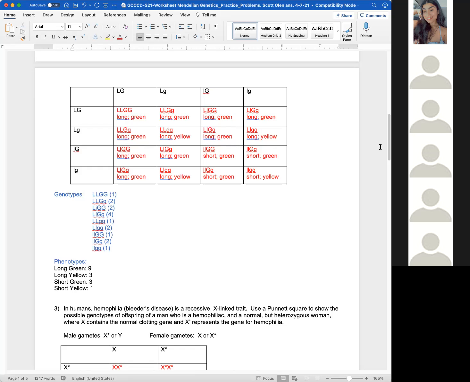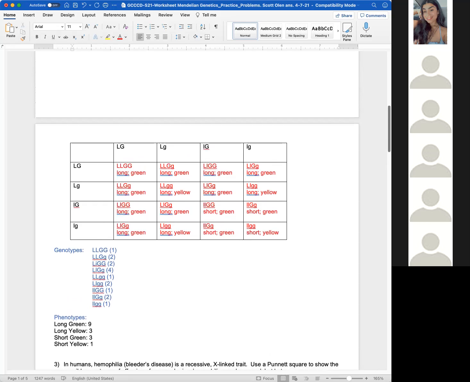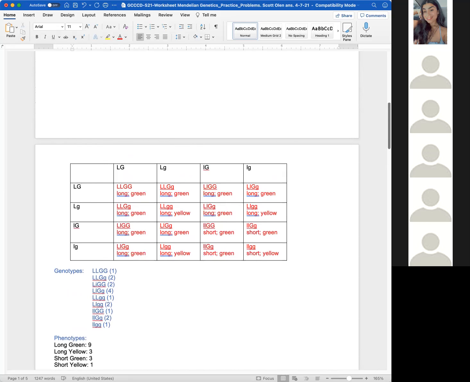Is it not the exact formula for every person, or is it a guess? It's a Mendelian.